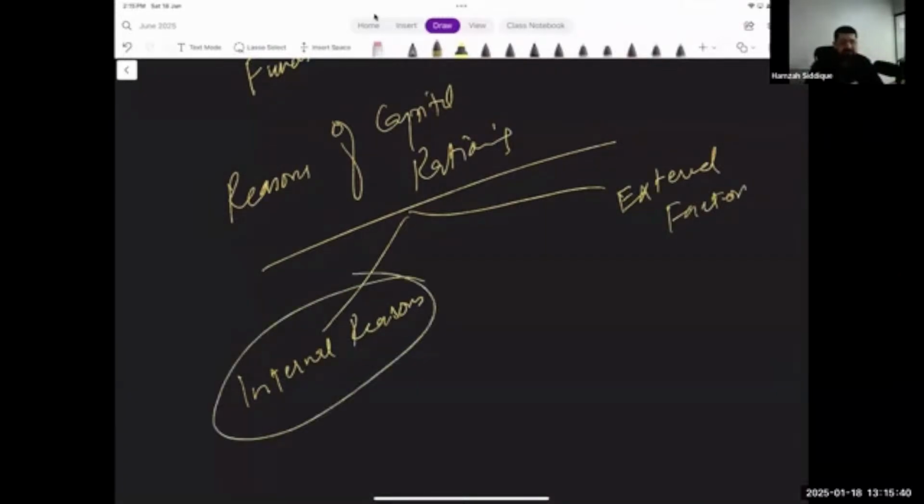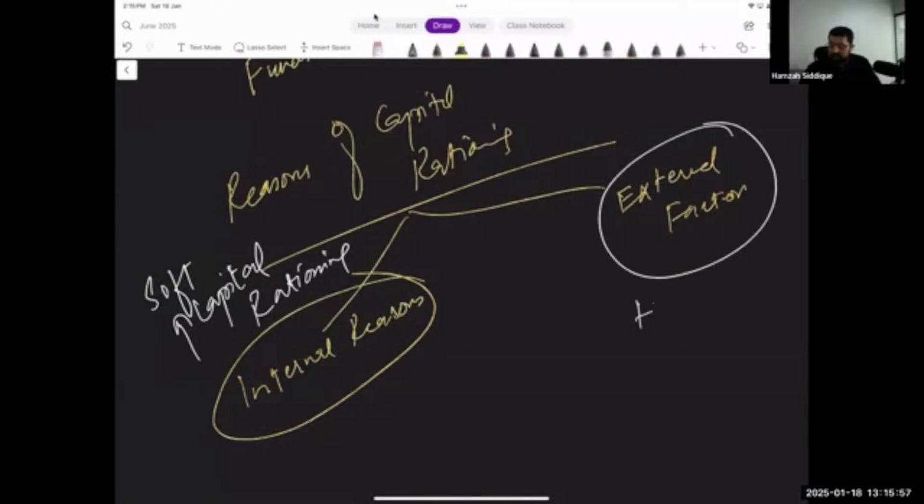These internal factors, own decision, are called soft capital rationing. And external ones are called hard capital rationing. External: banks are not giving loans, government has put restrictions on lending, market condition is bad and you cannot issue shares.